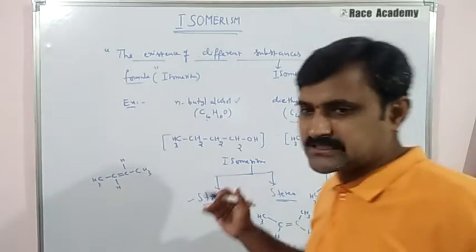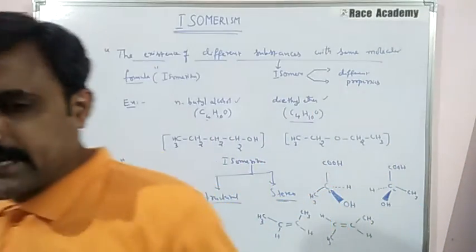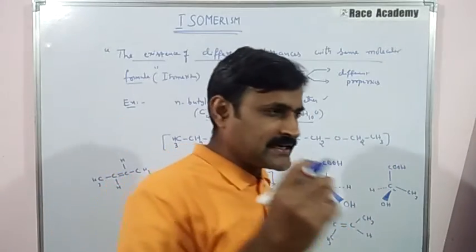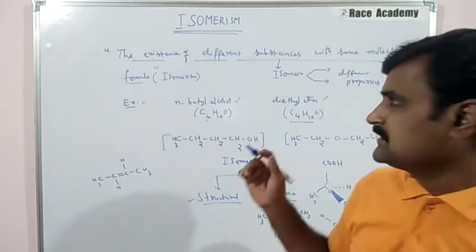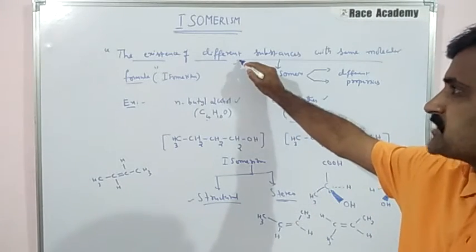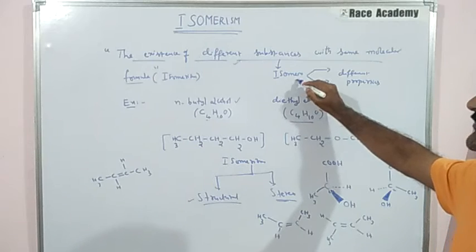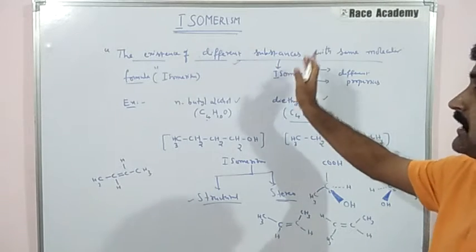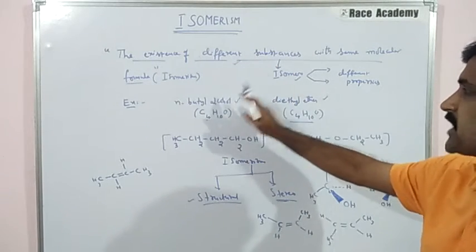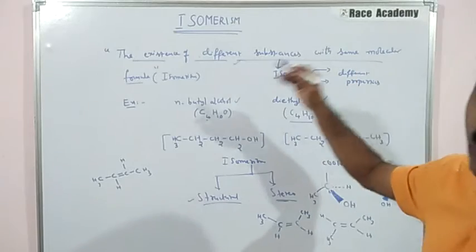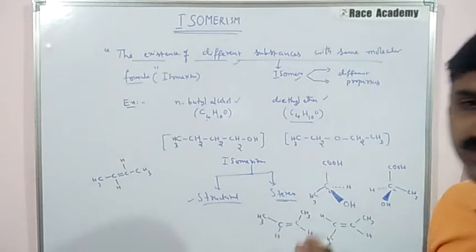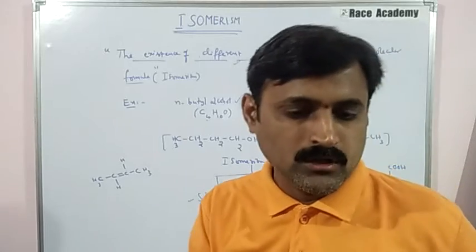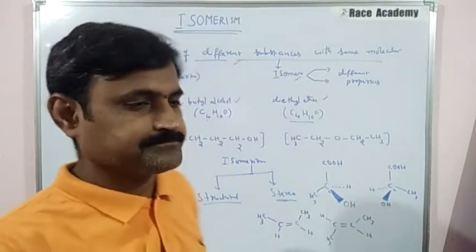Observing these things, we got an idea of the introduction of isomerism. We stated a definition of isomerism, the substances which exhibit it, simple examples like alcohol and ether, and a very simple classification of isomerism into structural and stereoisomerism with one example.